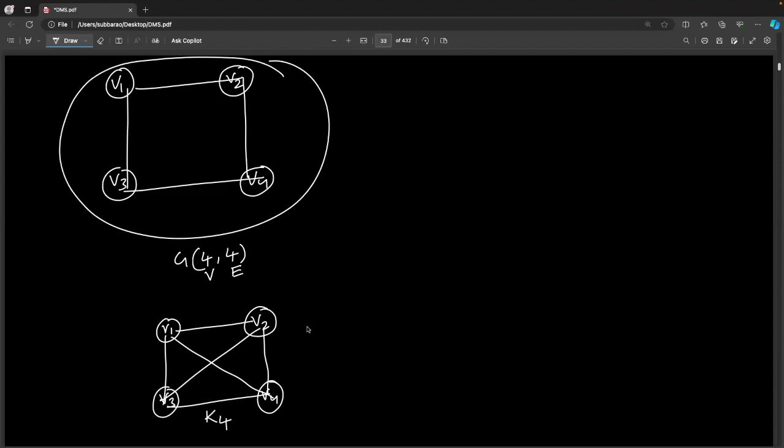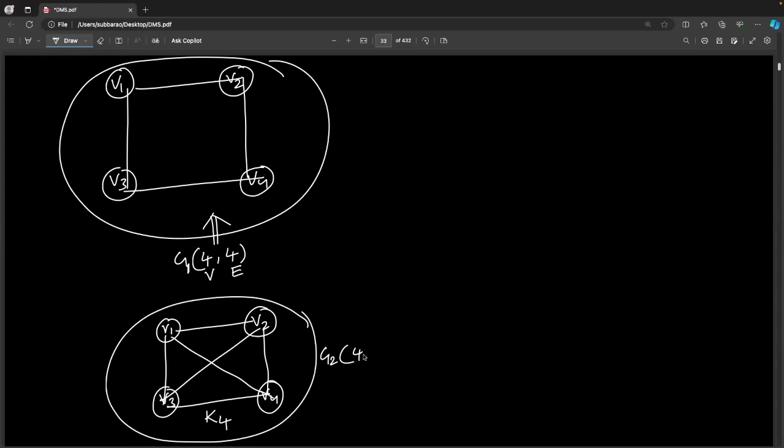Yes, this is the complete graph. That graph is different, this graph is different. Don't link unnecessarily, this is some other graph. It may be the G1 graph. G2 is a graph which contains 4 vertices and 6 edges. These two graphs are different.